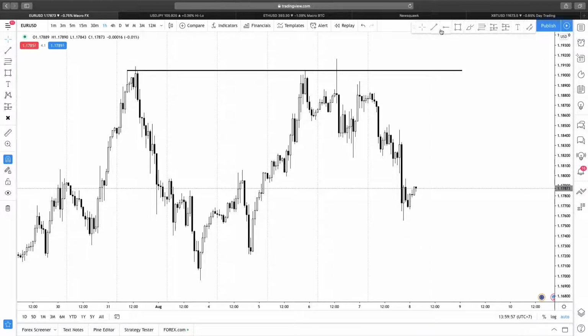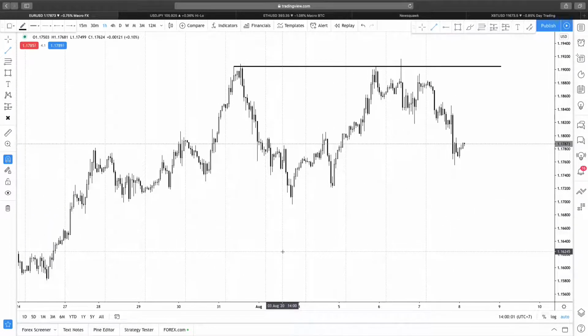So now we know we have resistance, and probably I'll be looking for something like, I'm trying to work from right to left, but it's quite messy in here, isn't it?